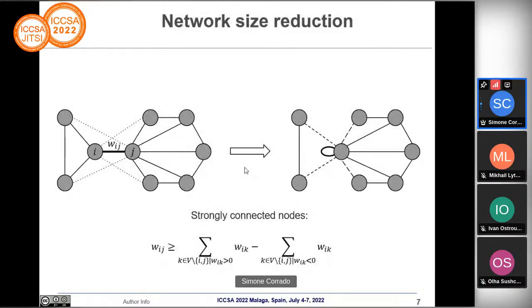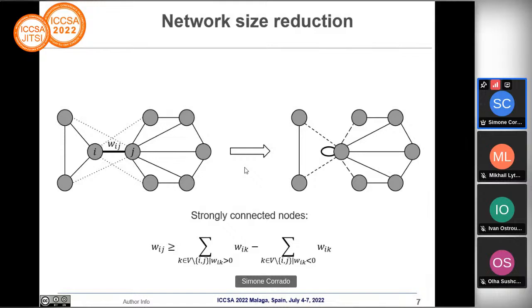So we propose a way to reduce the size of the network. There are two possibilities, at least, that we present here, and we know about two of them. One: imagine that two nodes i and j have a very strong connection between them. That would mean that breaking this connection, moving those nodes into two different clusters, would break that edge, and it could be too much of a penalty.